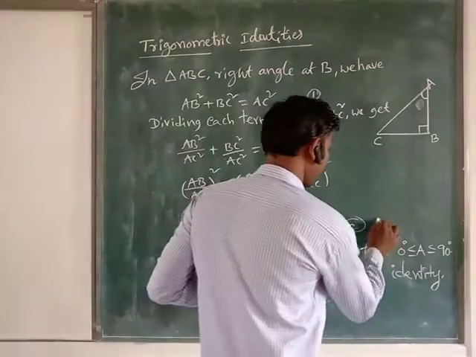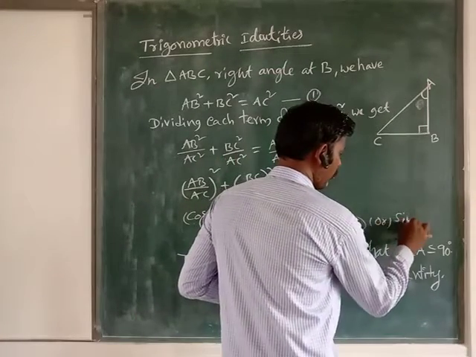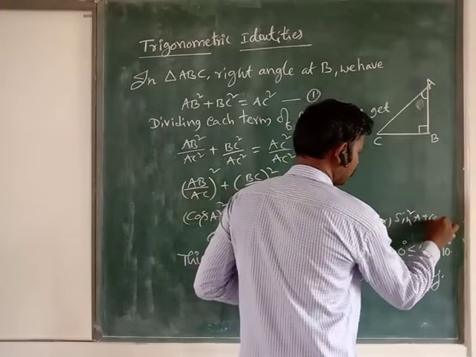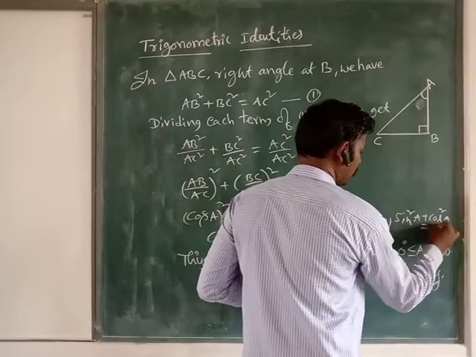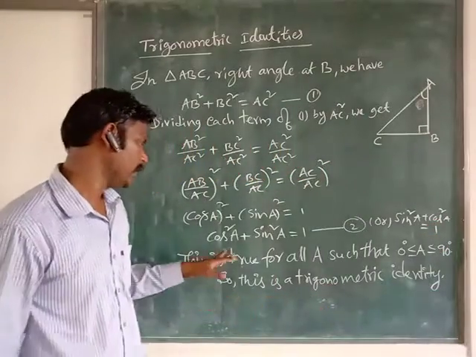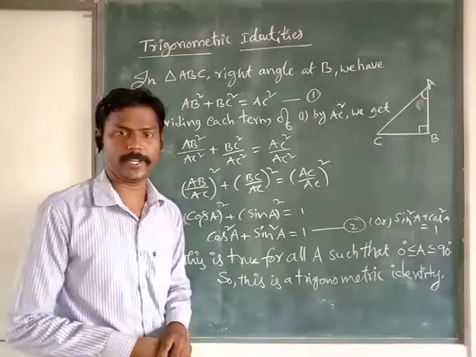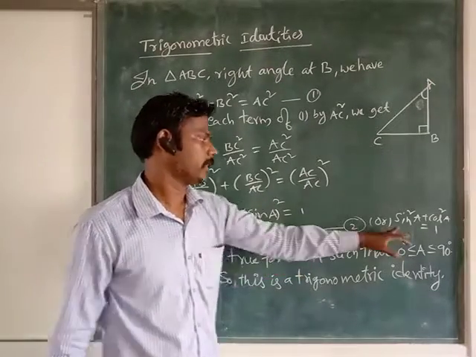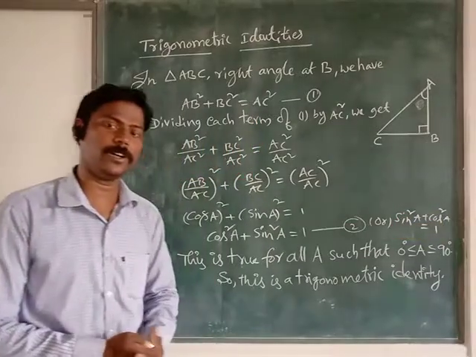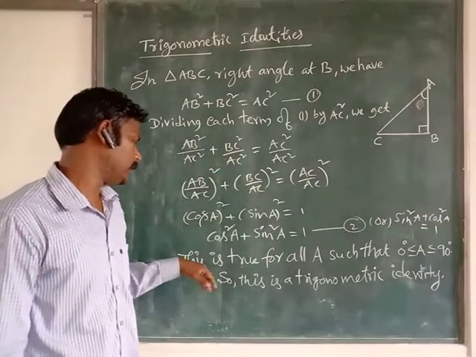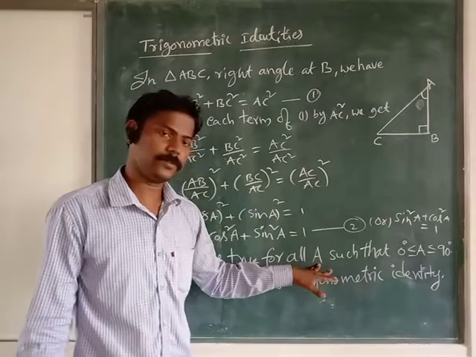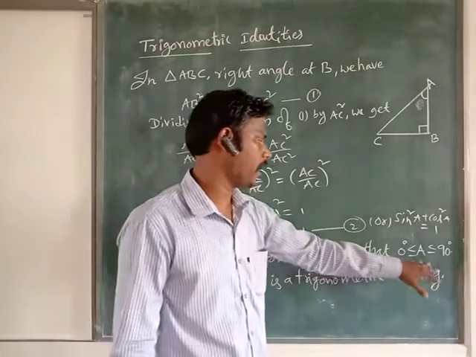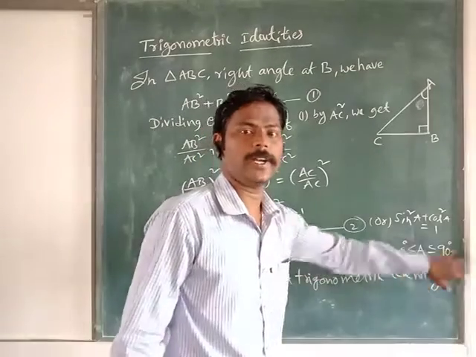Or you can write sin square A plus cos square A equal to 1, because addition satisfies the commutative property. So cos square plus sin square is equal to 1, or sin square plus cos square is also 1. This is true for all A such that the angle lies between 0 and 90 degrees.